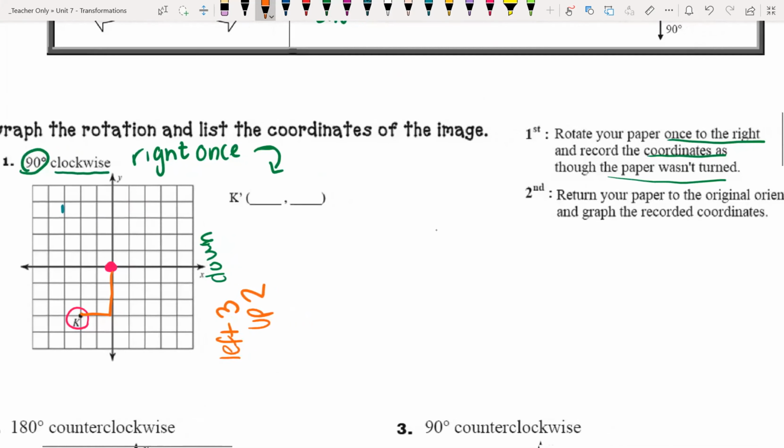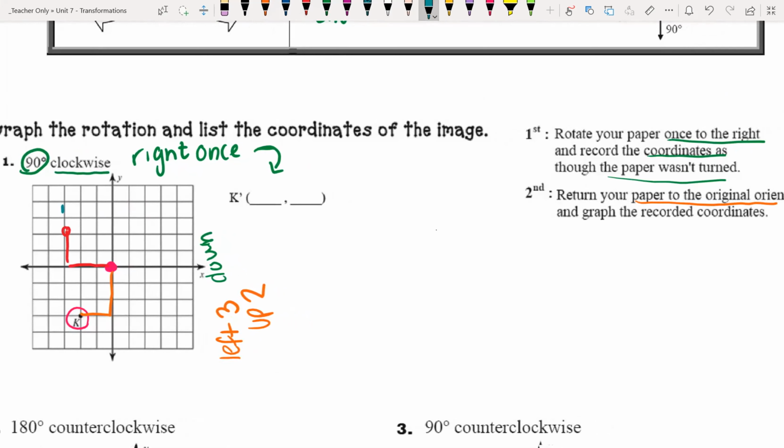And then, second, return your paper to the original orientation. So pick up your screen again, put it back to regular orientation, and then graph just how we did it. We went left 3, up 2.